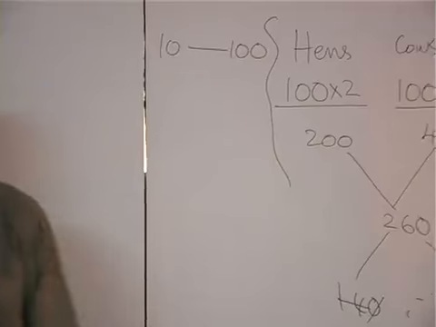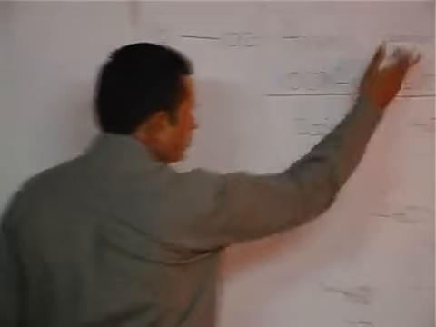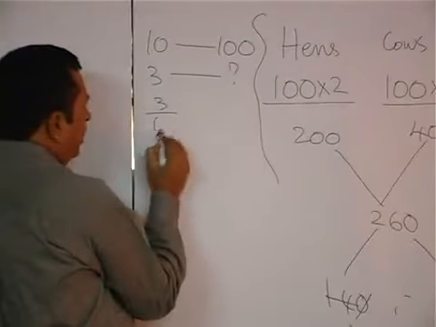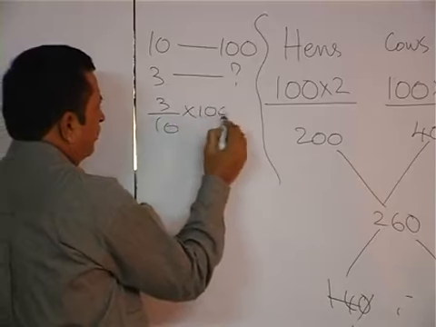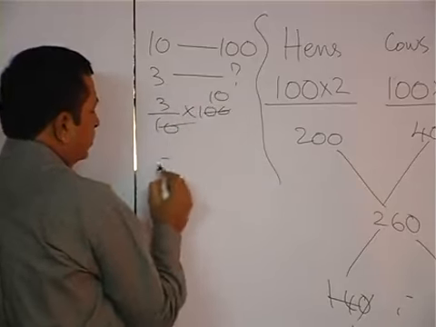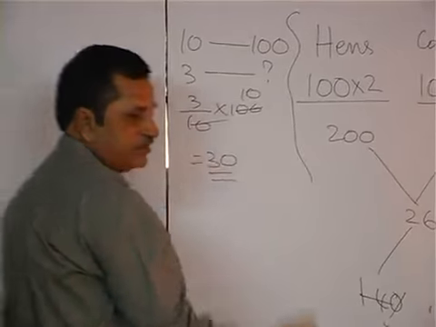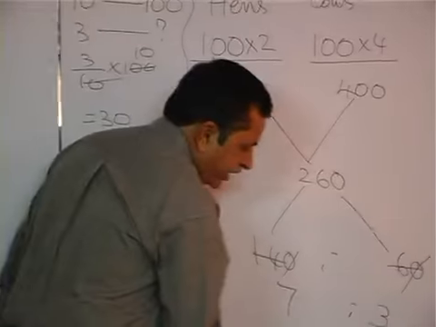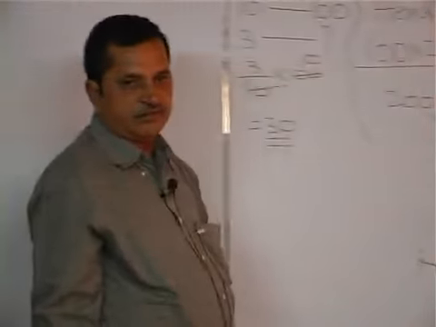If the value of 10 parts is 100, then how many cows he has, the value of 3 will be how much? 3 by 10 into 100, that is 30 cows. Cows are 30 means hens are 70.